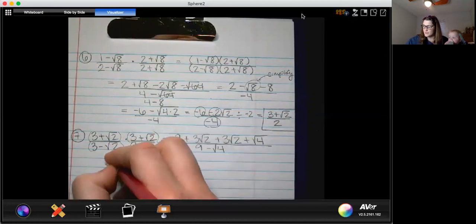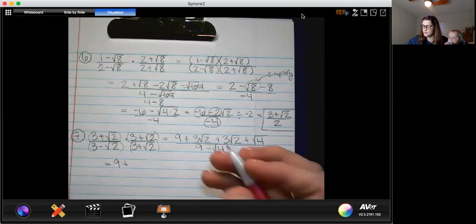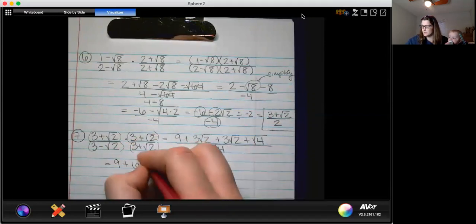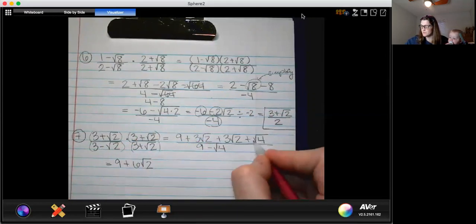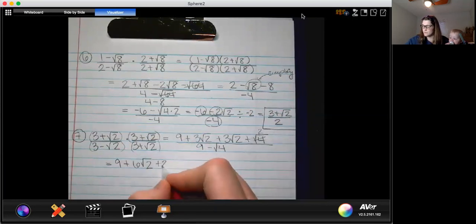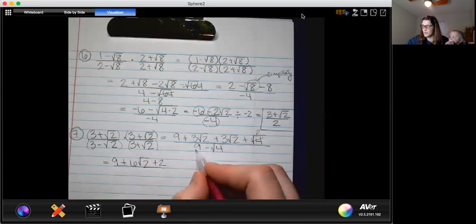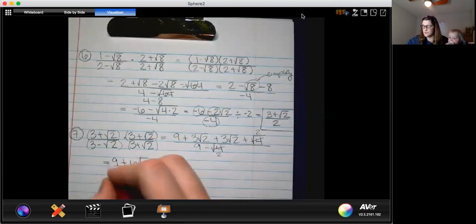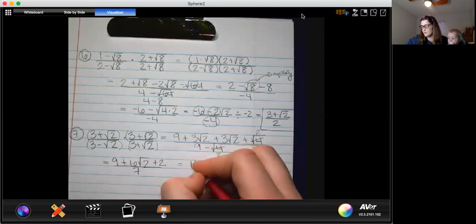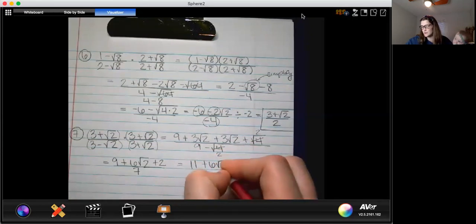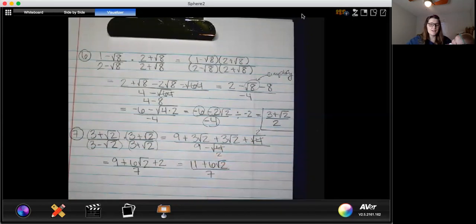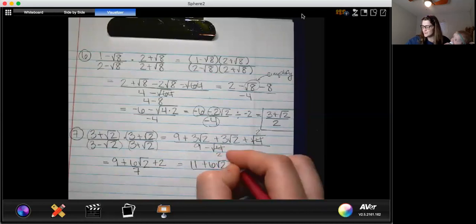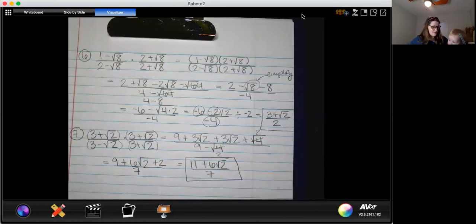So we get 9 plus 3 plus 3, 6 square root of 2, plus 2, divided by 9 minus 2. Tops get simplified, and we get 11 plus 6 square root of 2 divided by 7. None of those numbers simplify, so we are left with this answer.